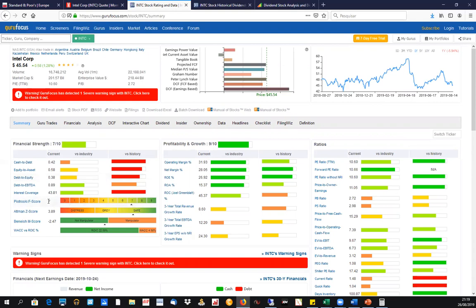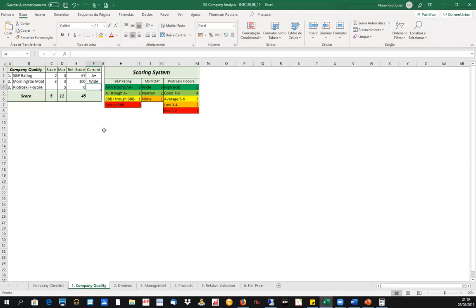Intel scores a 7, as we can see here. And for a 7, we have light green. So good comes from 7 and 8. So light green, we score a 4.